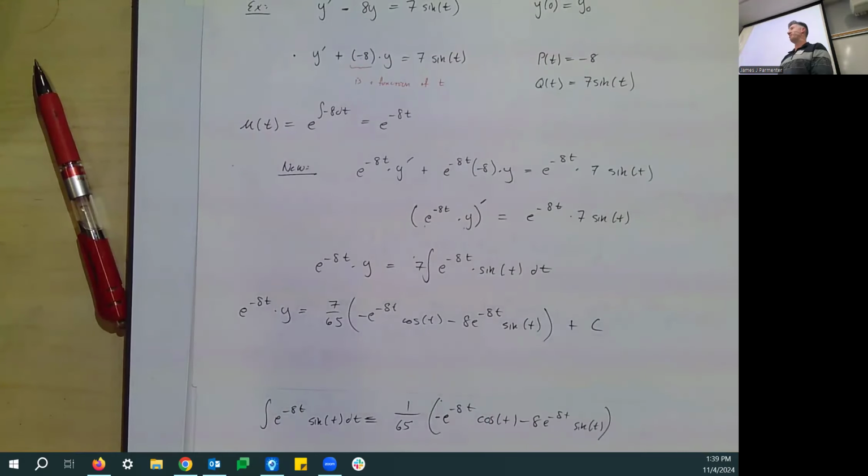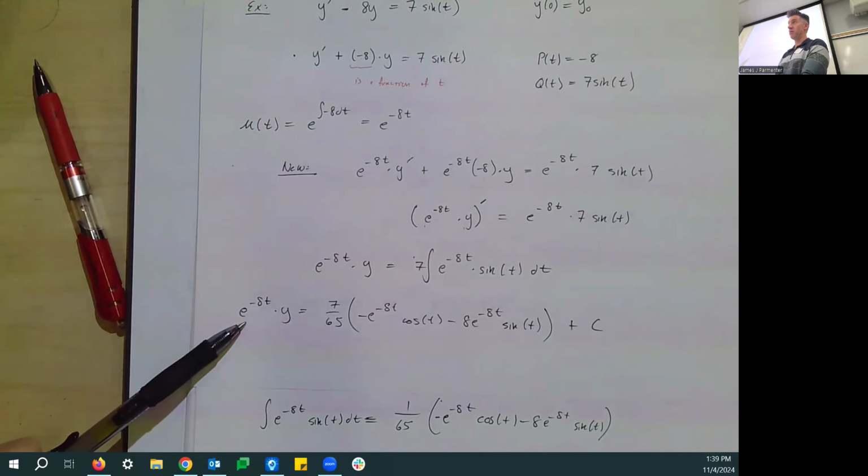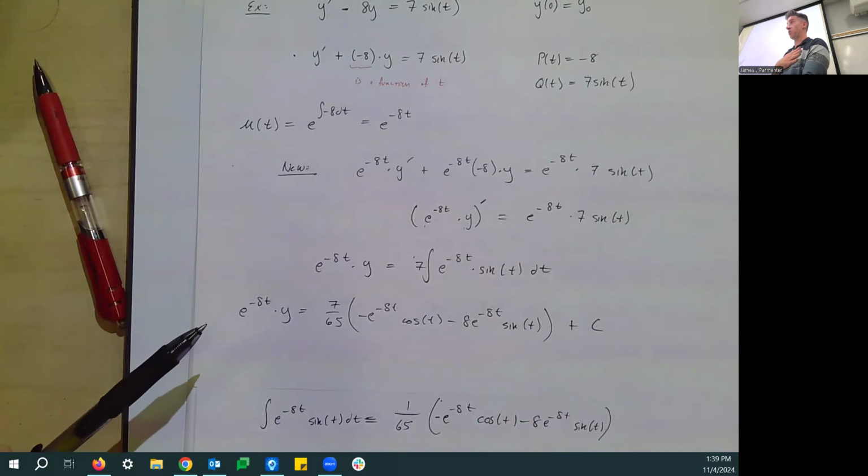I don't need to have the c multiplied by 7 over 65 because it's still just a constant. But it's really, really important that when I divide both sides by e to the negative 8t, or multiply both sides by e to the positive 8t, which is easier to do, the c also gets divided or multiplied by whatever that integrating factor is. It's really, really vital, actually.